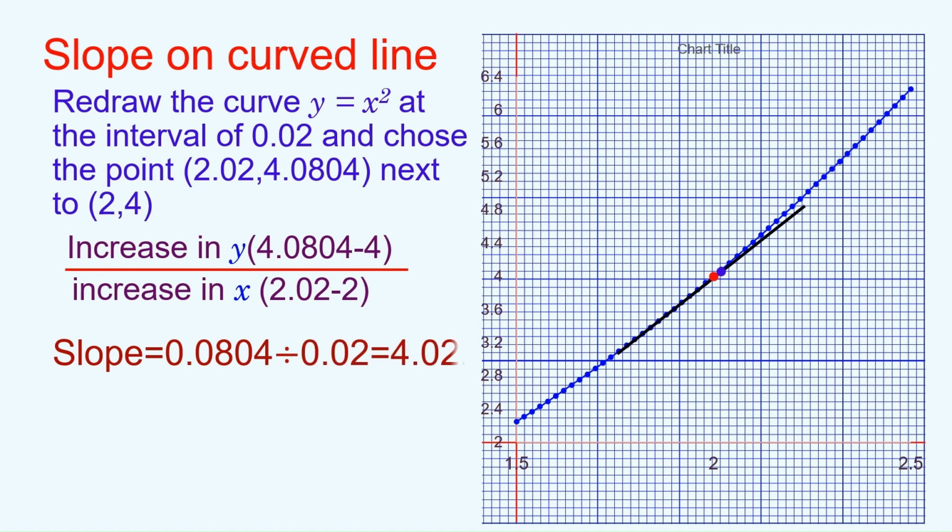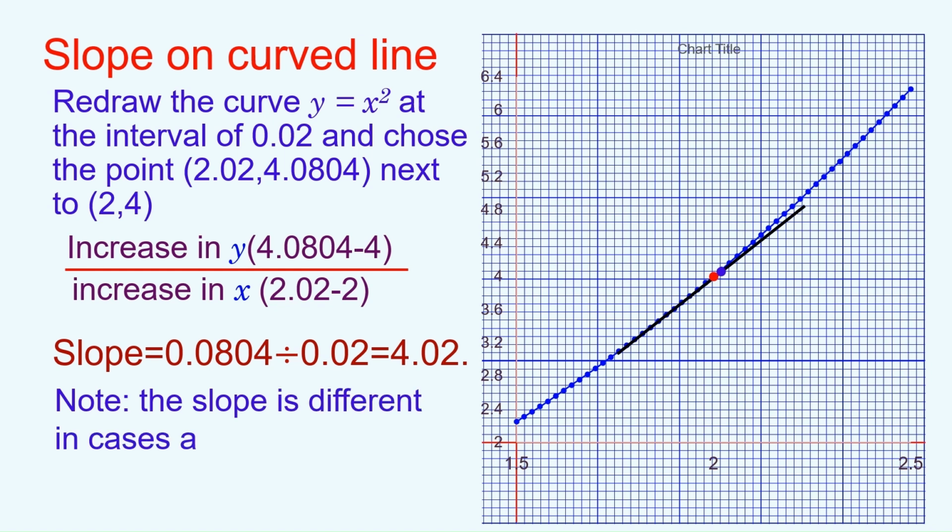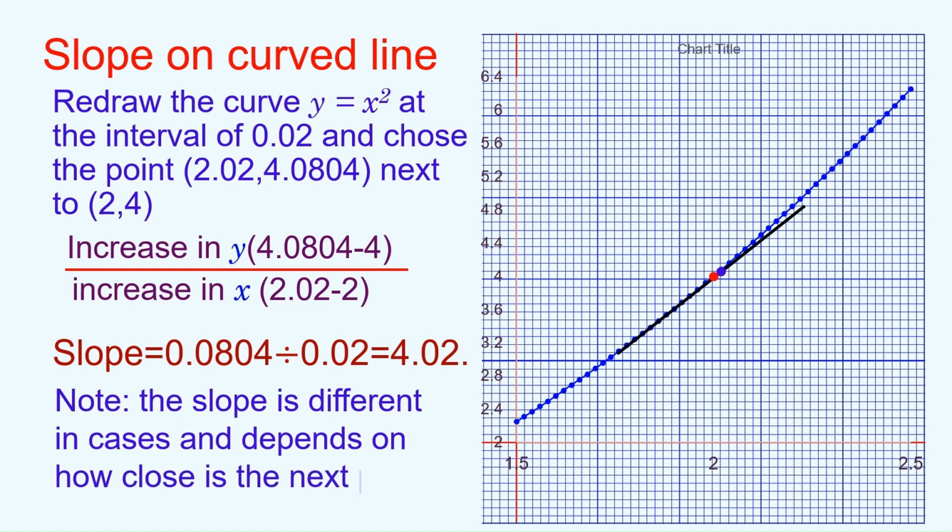Slope equals 0.0804 divided by 0.02, which is equal to 4.02. Note: the slope is different in all cases, and it depends on how close the next point is.